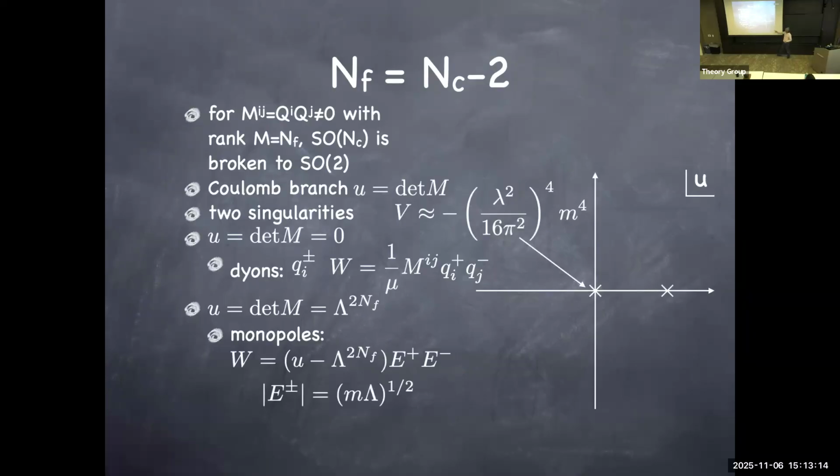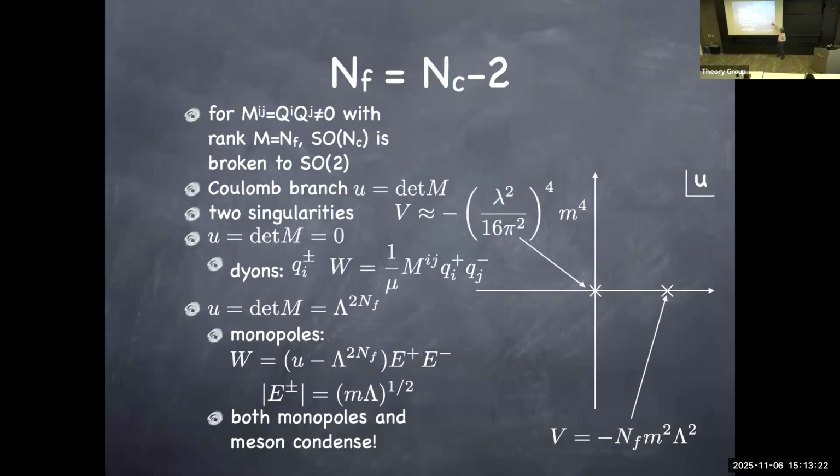It turns out that the minimum is where the dyon condenses with this particular value. And because the dyon condenses, which has magnetic charges in it, confinement follows as a dual Meissner effect, which Stanley Mandelstam told us a long time ago.